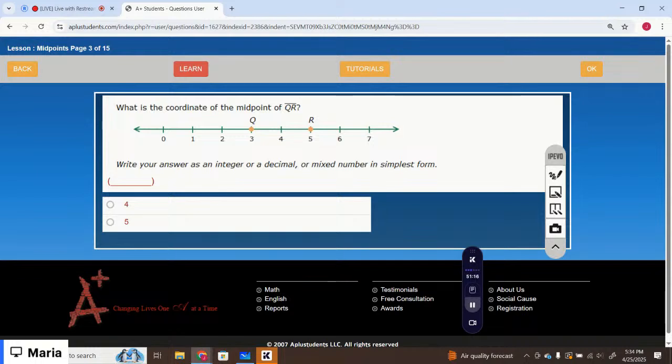What is the coordinate of the midpoint of QR? The correct option is 4. Option number 1 is the correct option.